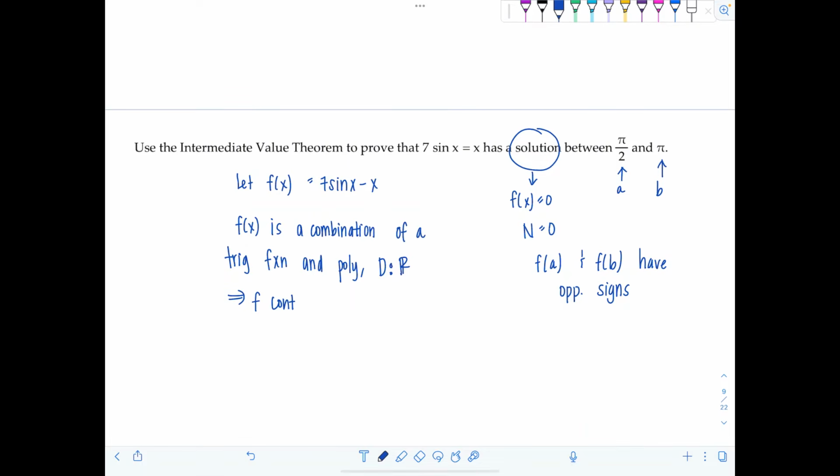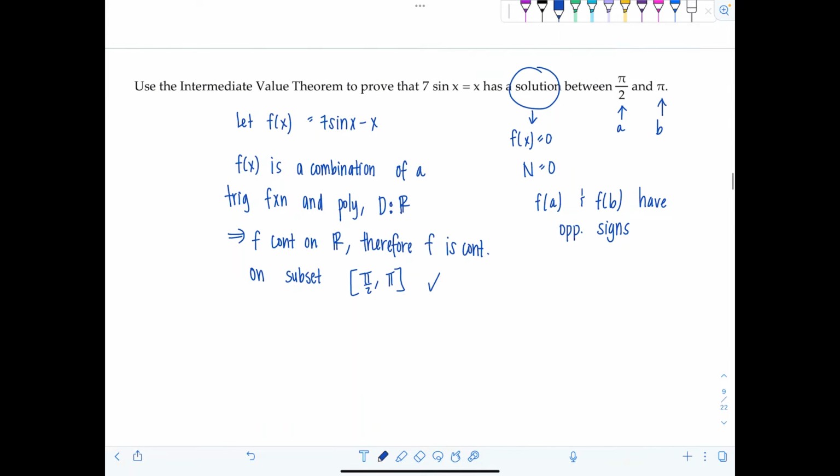So f must be continuous on all real numbers. Therefore, f is obviously going to be continuous on the subset, the little interval from pi over 2 to pi. So we can use the intermediate value theorem. If you don't state this, I would take points off, okay? You can't just willy-nilly use the intermediate value theorem without verifying that it's appropriate.